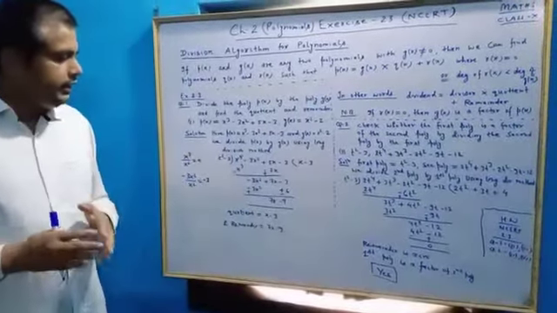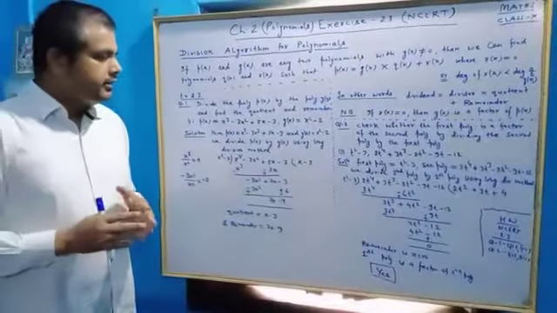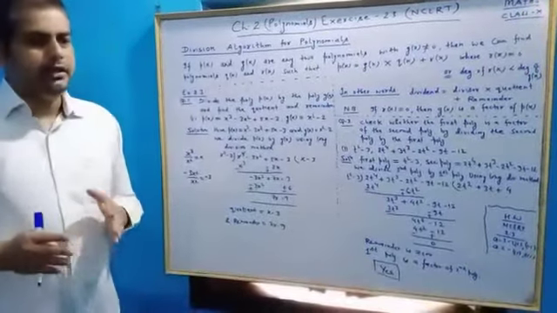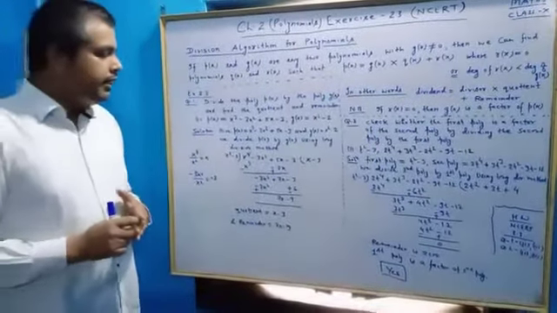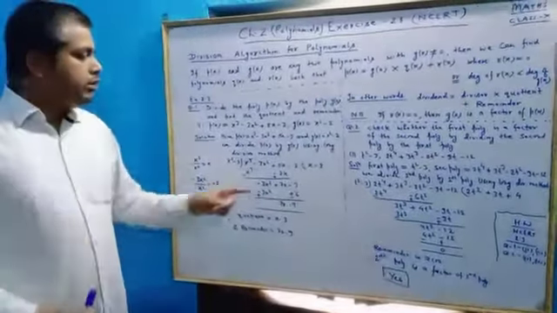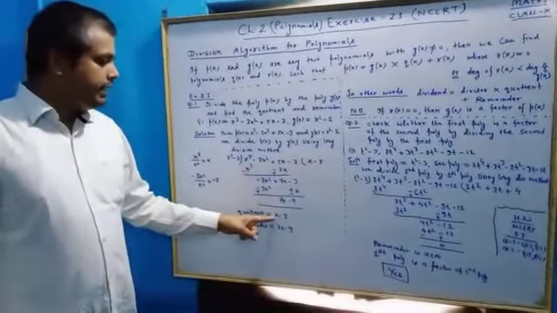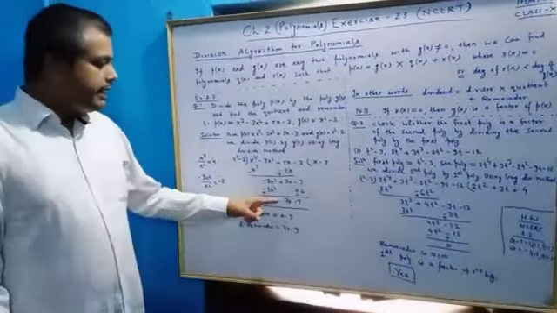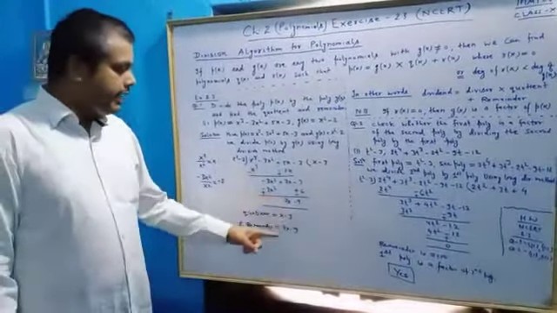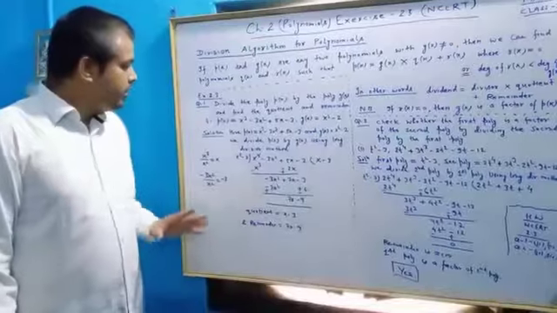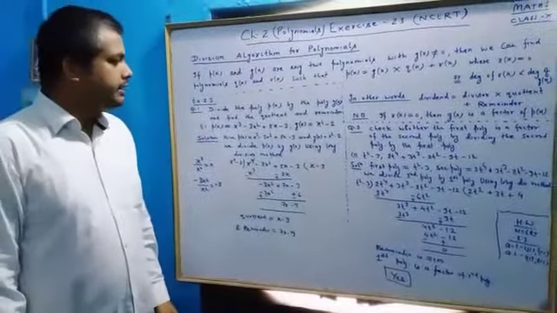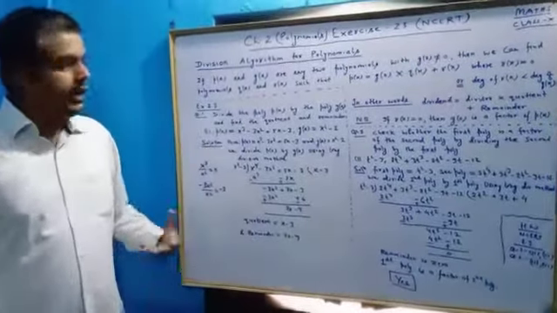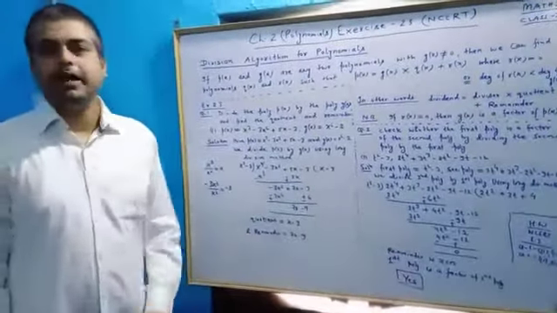So in this case we end the long division process. Finally we can write our quotient is x minus 3 and our remainder is 7x minus 9. So this is the required quotient and remainder for the given polynomials p(x) and g(x) when they are divided. So this is the final answer.